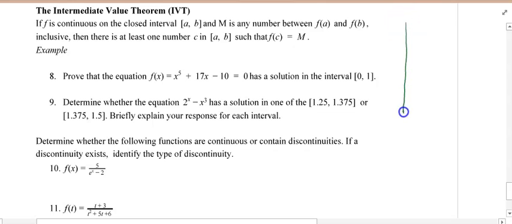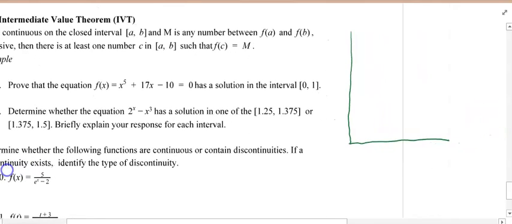If we want to think about a diagram of what this might look like, let's say a and b, these are x values. And then there was f of a and f of b. So f of a is somewhere here, f of b could be somewhere there. There's some letter m between f of a and f of b.